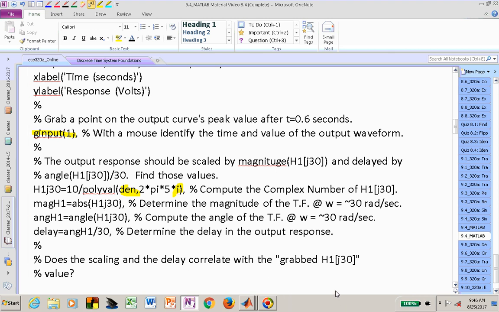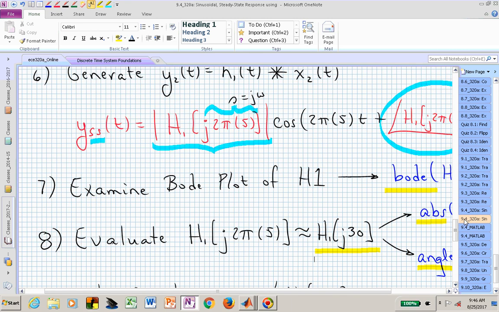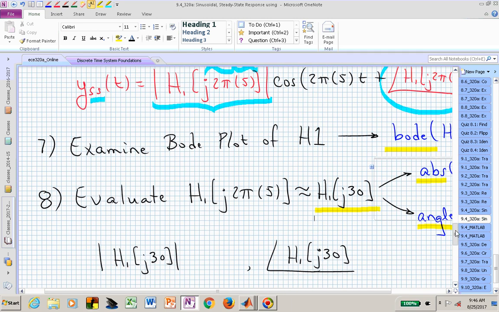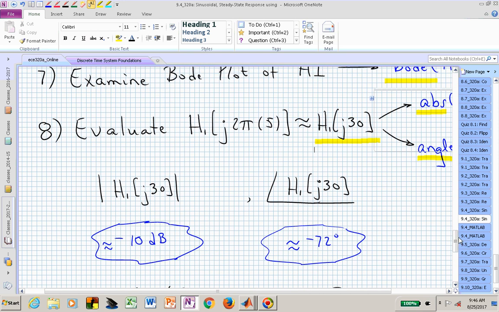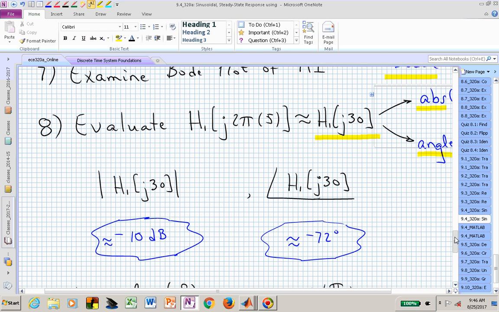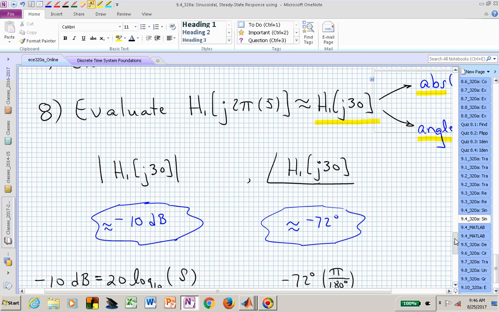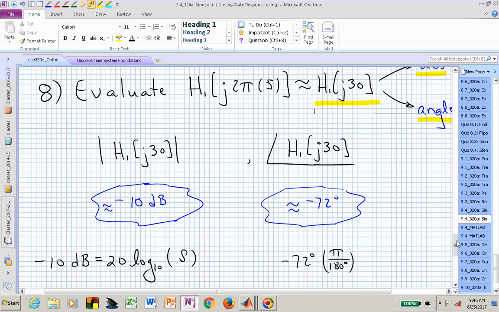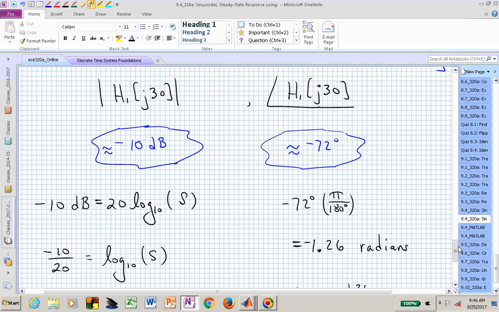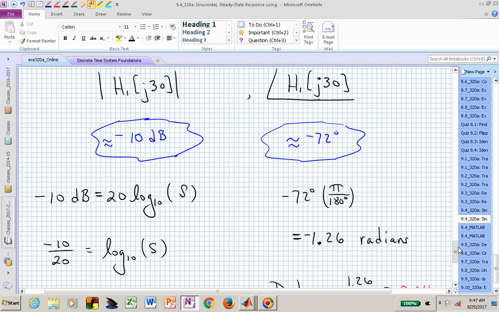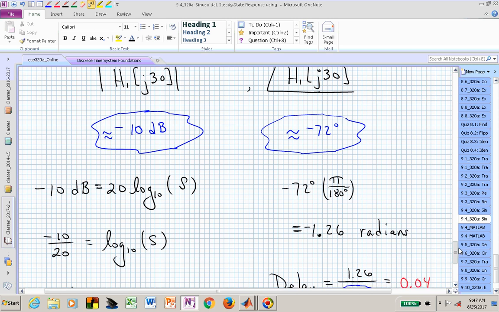Let's now return to where we were, where we found that the magnitude of our transfer function at 30 was -10, and the angle of our transfer function at 30 was about -72. We can now back out the actual values in terms of absolute numbers.